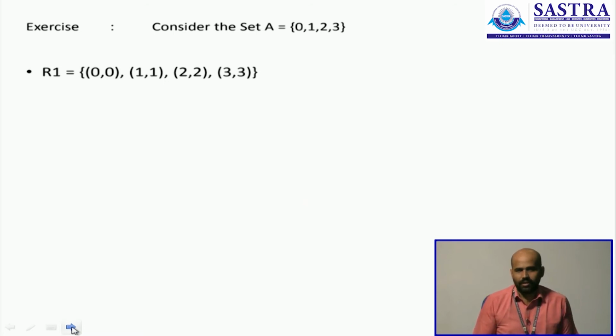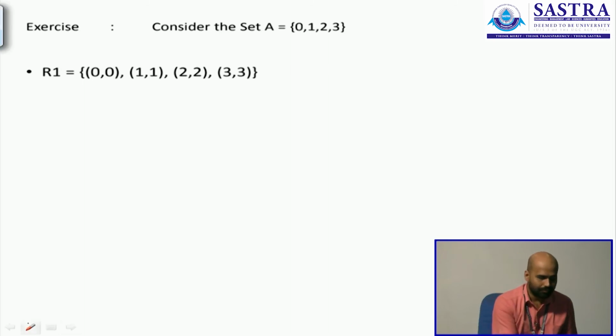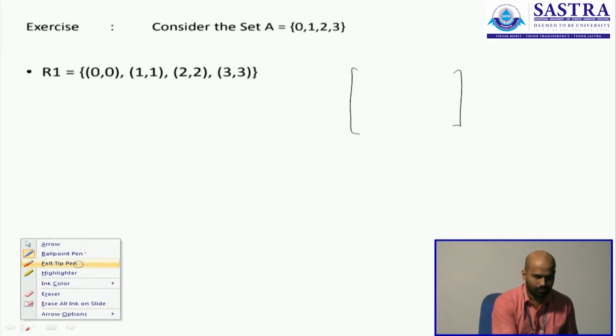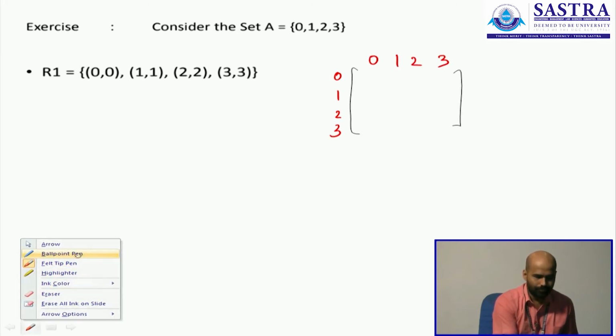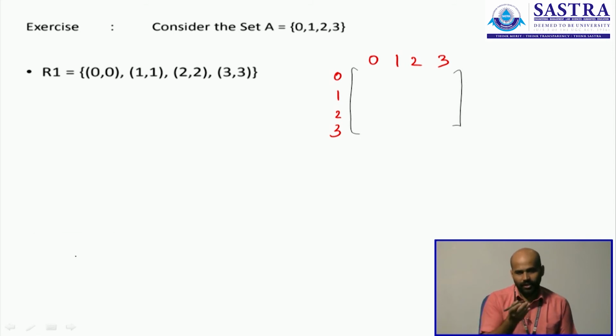Now let's try and complete an exercise on representing them. We'll have the rows labeled. Since it is a relation on the set itself, you'll have 4 by 4. You'll have a 4 by 4 matrix. You'll have 16 elements, and we have a set here R1 which contains only 4 elements.